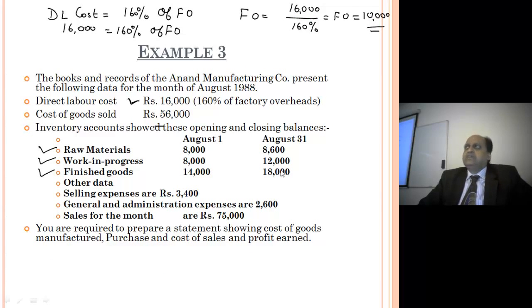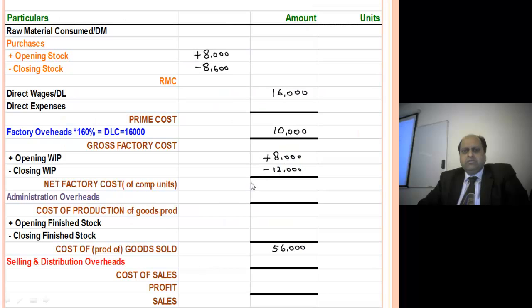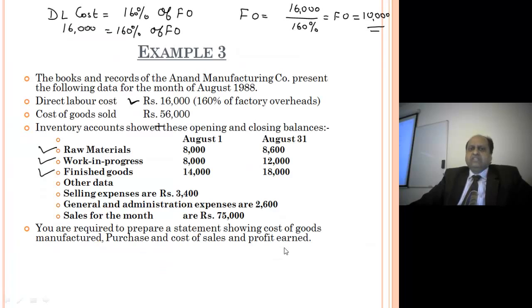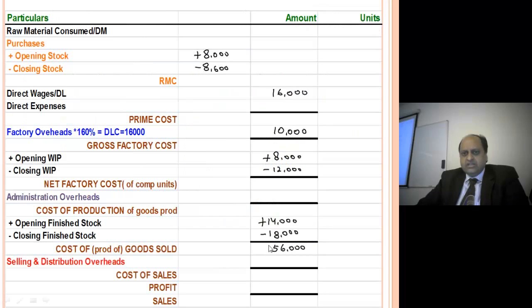Now we have the third category, which is finished goods, and the opening is 14,000 and the closing is 18,000. Let us place these figures too. So opening we have here 14,000 and closing also below this 18,000. Fine. Now it says selling expenses are 3,400. General and administration are 2,600.